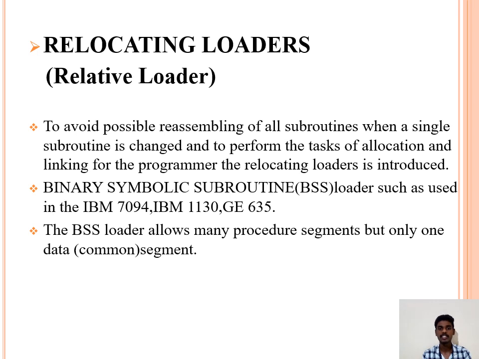Binary symbolic subroutine loaders, which are BSS loaders, were used in the IBM 7094, IBM 1130 and GE 335. The BSS loader allows many procedure segments, but only one data segment, which is common to the segments. So this is called the relative loader.